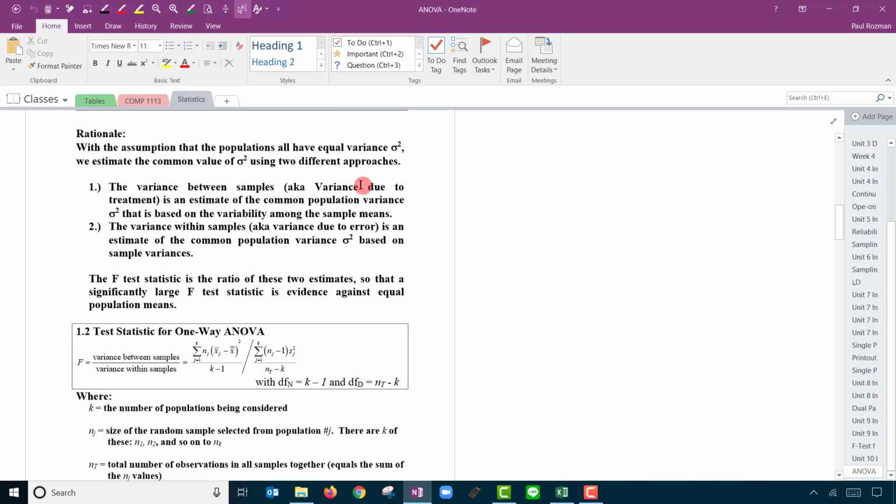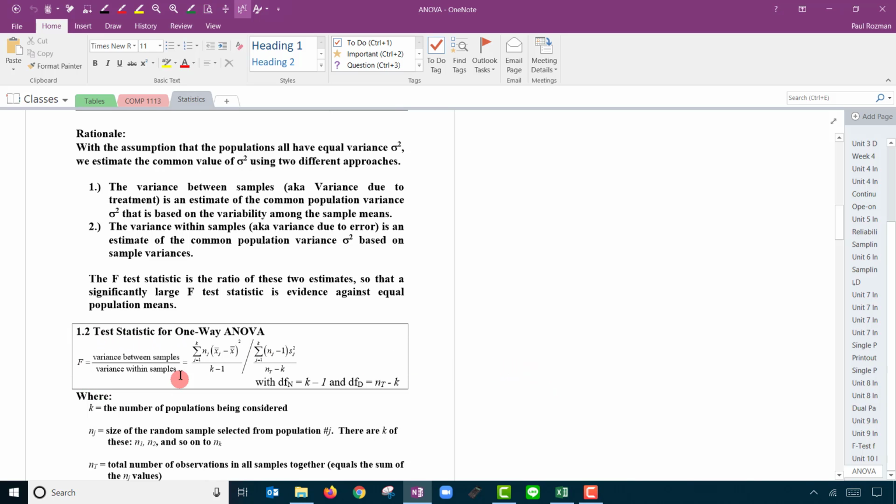So if we look at the ratio of these two measurements, we should get a value that's somewhat close to 1. And that's what we had when we were talking about the F test earlier. We looked at the ratio of two variances, and that's what we'll be doing here. We'll measure the variance between the groups and divide it by the variance within the groups. And that will be our test statistic.